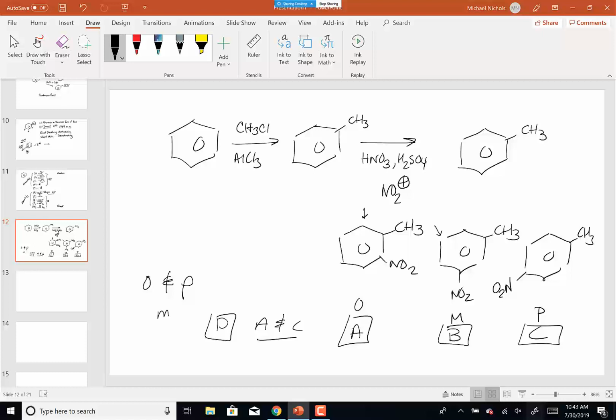So A only, B only, C only, or A and C, which would be D. Now, humor me and write down the letter of what you think the major product will be. A, B, C, or D. And I'm going to tally them. Okay?